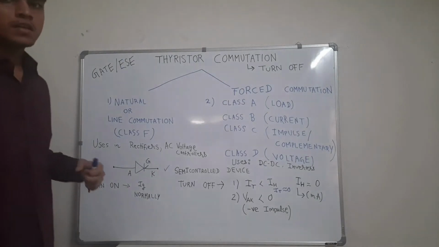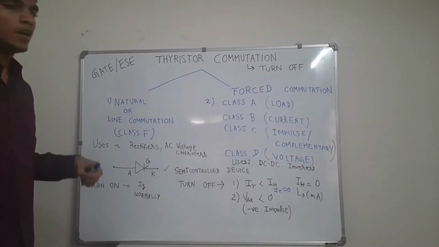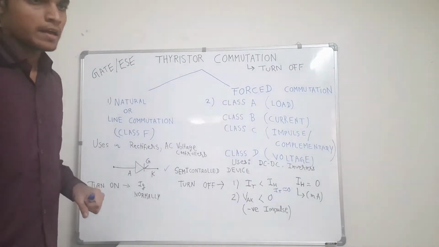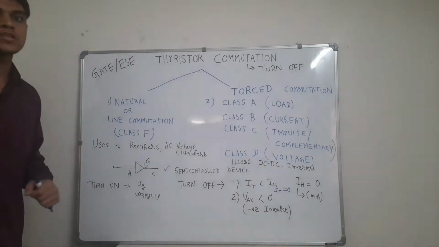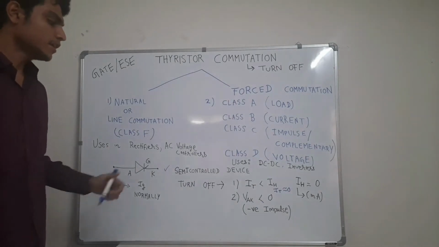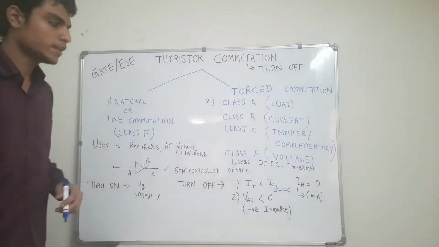That's why the external circuitry used to turn off the thyristor is called as the thyristor commutation techniques or thyristor commutation circuitries.